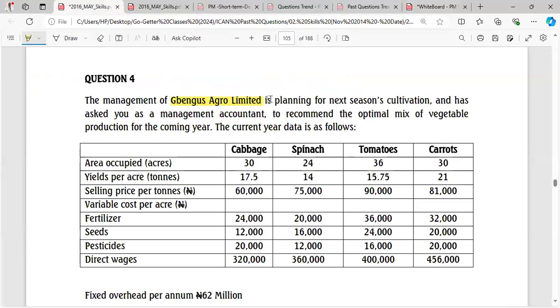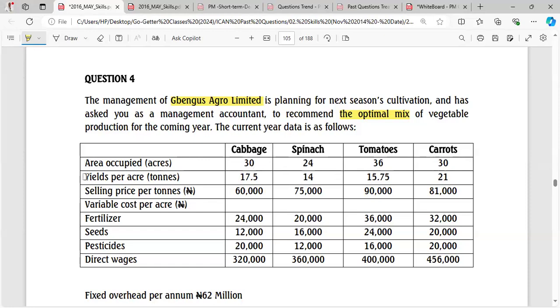It says it's planning for next season's cultivation and has asked you as a management accountant to recommend the optimal mix of vegetable production for the coming year. The current data is as follows. This is cabbage, spinach, tomatoes, and carrots. Now this is the area occupied, the land mass in acres occupied by cabbage and spinach, then tomatoes and carrots.